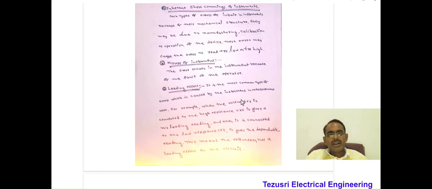Next, due to loading effect. It is the most common type of error which is caused by an instrument in measurement work. For example, when the voltmeter is connected to the high resistance circuit, it gives a misleading reading, and when it is connected to the low resistance circuit, it gives the dependable reading.